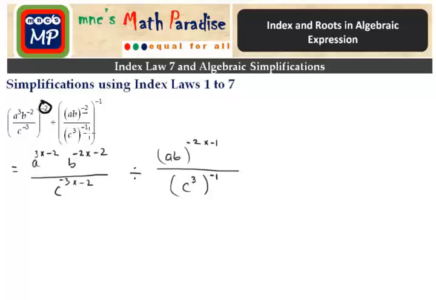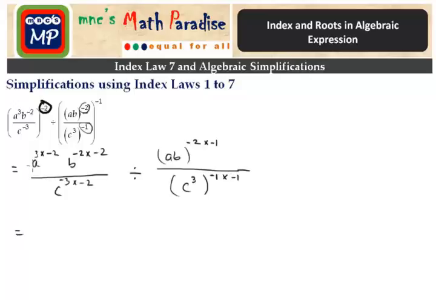So this outermost power will be multiplied with this minus 1, not this 3. We multiplied the power minus 1 with the immediate powers, this minus 1 and this minus 2.